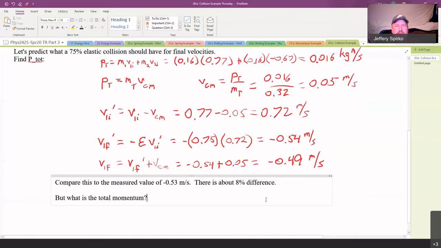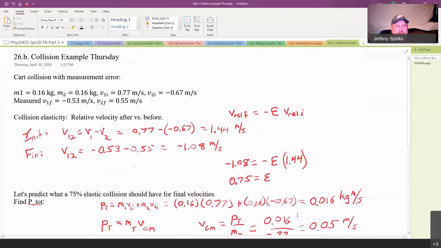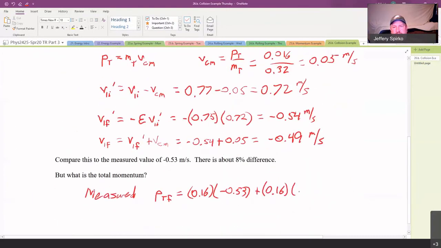But what's the total momentum? So the measured P total final is 0.16 times minus 0.53 plus 0.16 times, what was the other one? 0.55.